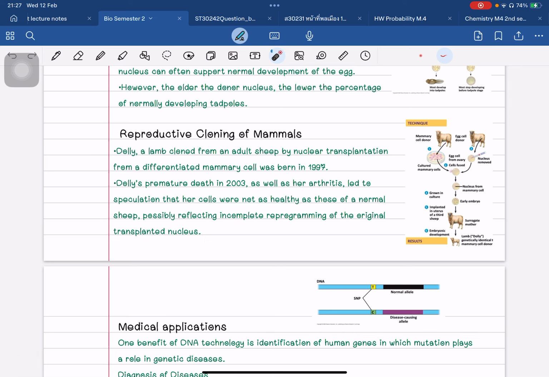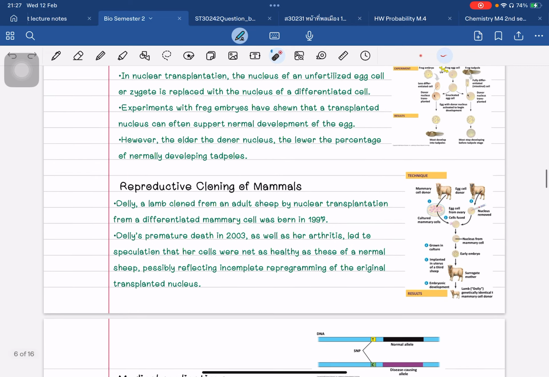Dolly is one of the lambs that let us know the result of this technique.